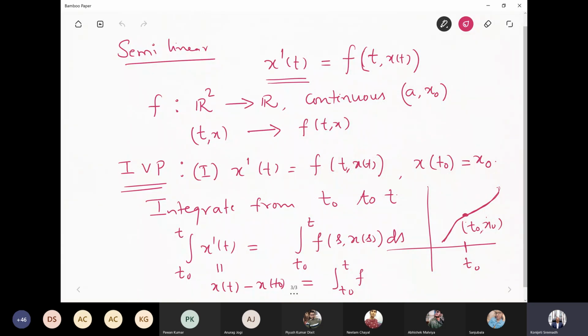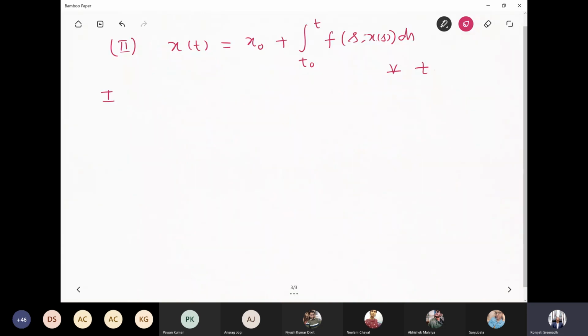So this is the first thing. If a function x(t) satisfies 1, then it satisfies 2, and if and only if x(t) satisfies 2 then it satisfies 1. One side we have already seen, done above.